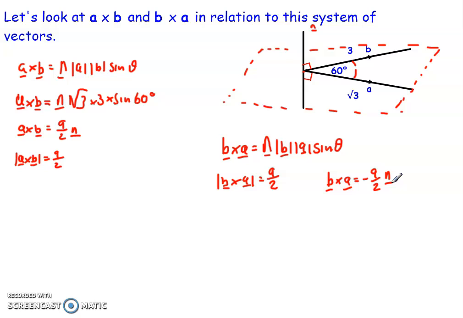And this just goes to show why a cross b and b cross a become the opposite of each other. So this just tells me why a cross b is equal to the negative of b cross a. It's all got to do with the orientation of our system because of the vectors and the way that we're taking them, and the fact that when we switch them round, a normal points in the opposite direction and has the opposite sense to each other.